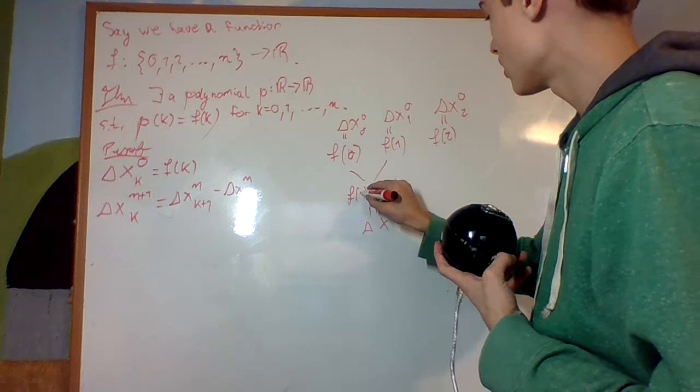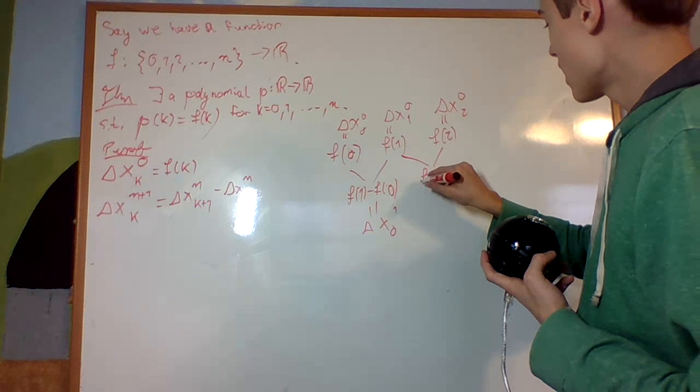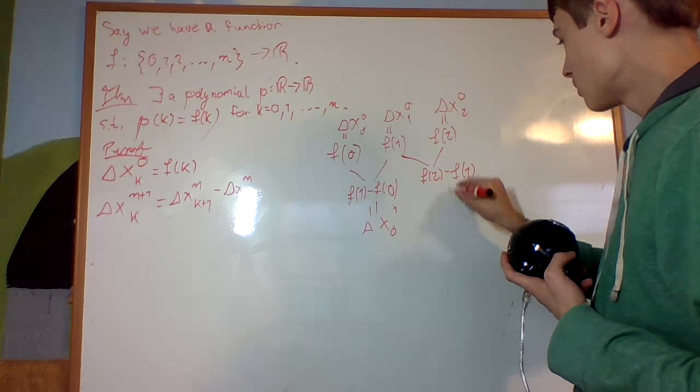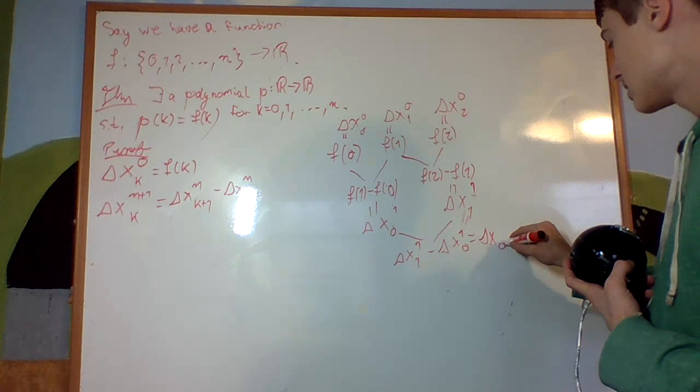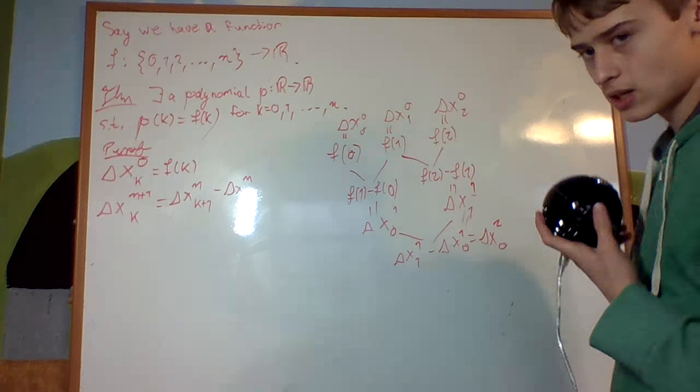So I changed the superscript on this. Right there, I'm going to get f of 2 minus f of 1, which is going to be delta x 1, 1. Then the difference between those two, delta x 1, 1 minus delta x 0, 1 is going to be delta x 0, 2. Okay, that's how we define it.